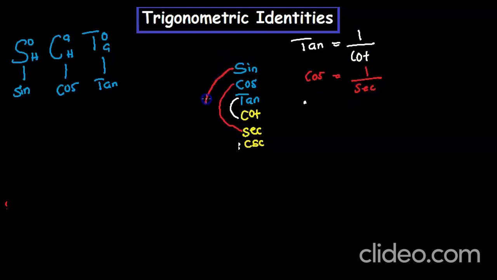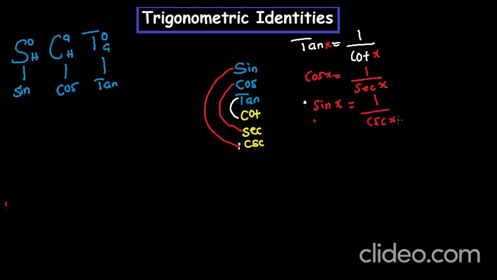And what about sine? Let's assume we are using x; opposite to cot x is tan x, opposite to cos x is sec x. The next thing on the list is sine x, and sine x is going to be 1 divided by cosecant x.